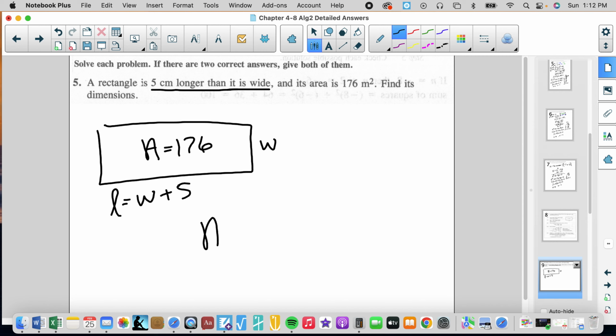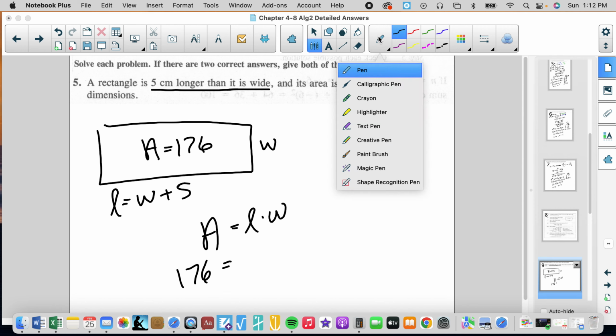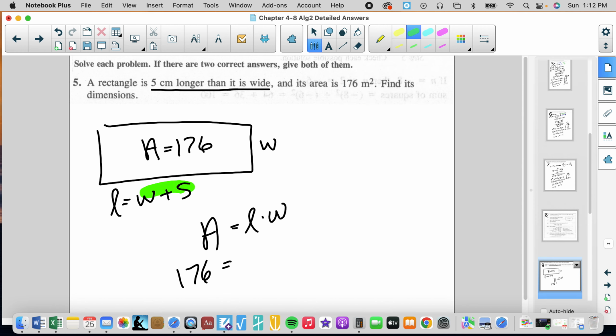Well, we know that area equals length times width. So let's start plugging in some values. The area is 176. The length, we can't solve it with two different variables. So we're going to substitute. That's why we like the fact that they told us that the length is a little bit longer than its width.